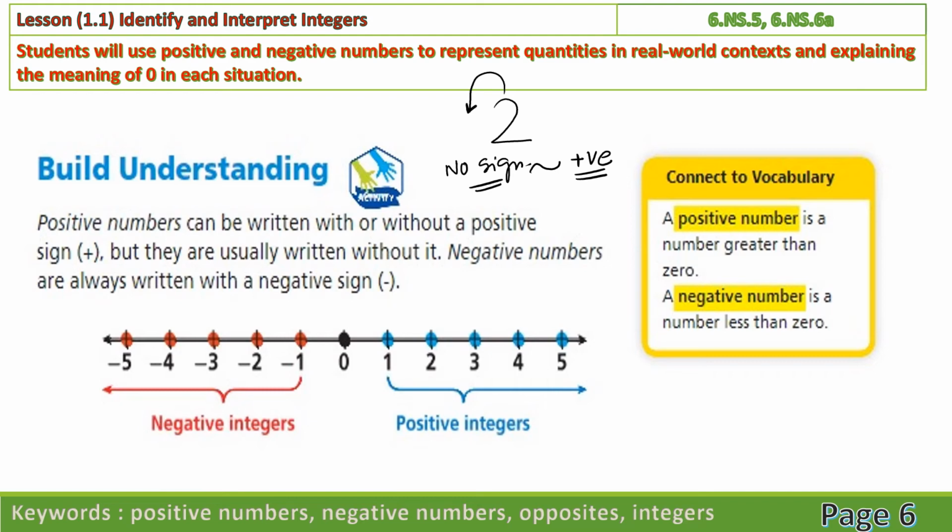But if I write negative 2, yes, to express some loss, I have to put the negative sign. And negative means negative. But this 2 can be written as 2, which means positive 2. It can also be written as positive 2.